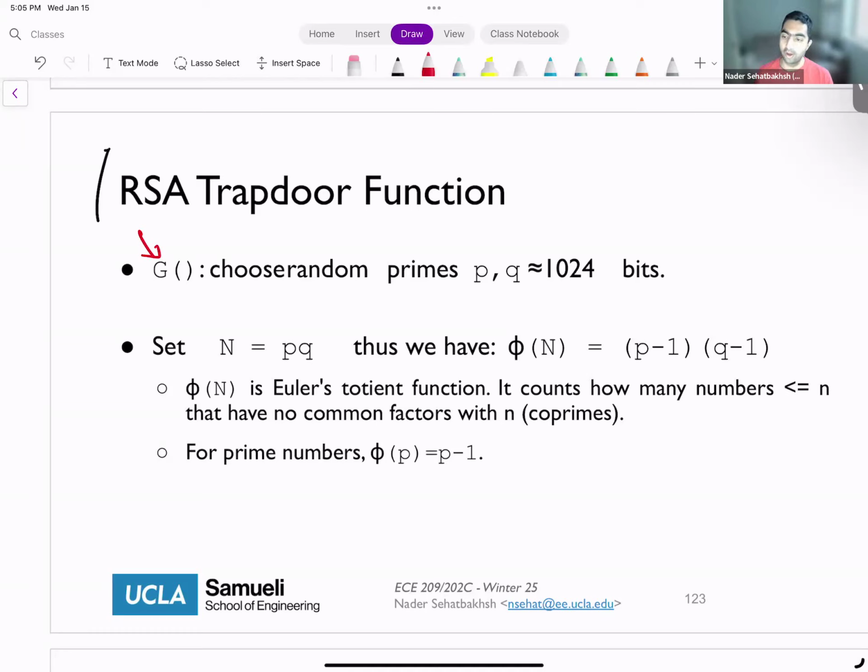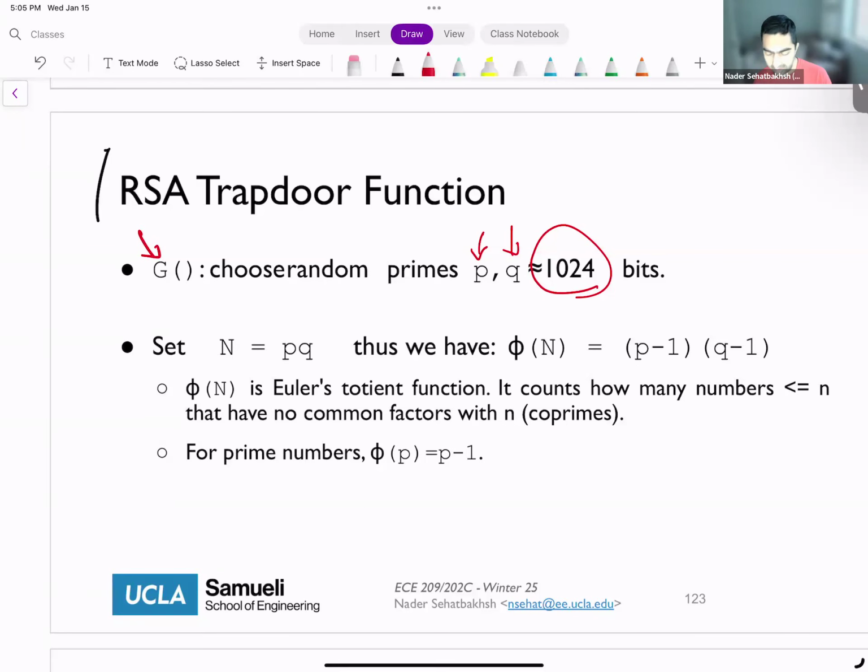Since we are relying on co-prime numbers, G of S will create P and Q, and this is our public and private in some sense. They're not exactly public and private, but these are two prime numbers that are very, very large. Usually we want our numbers to be on the order of thousands of bits.